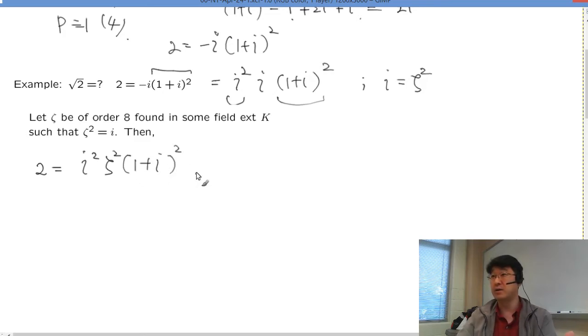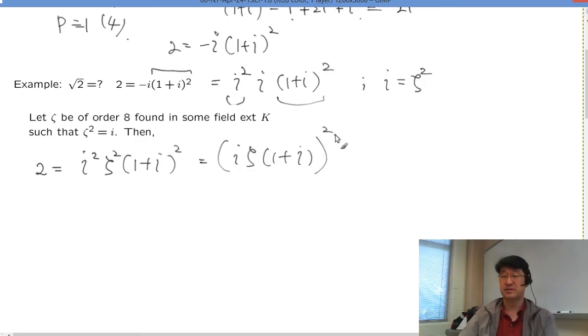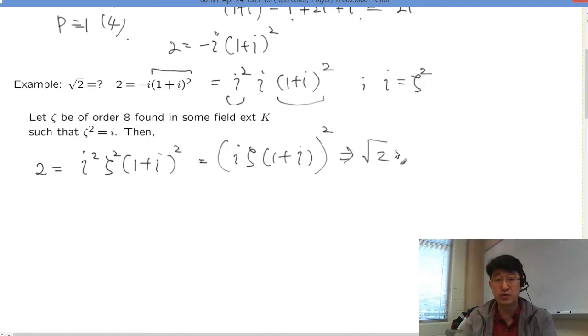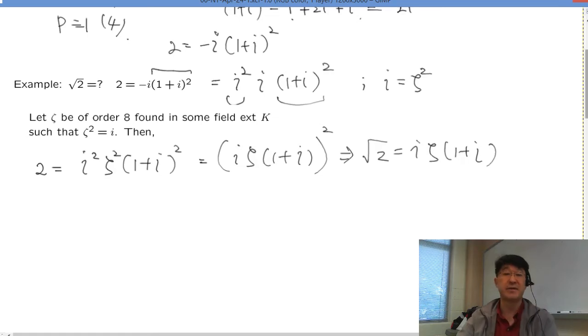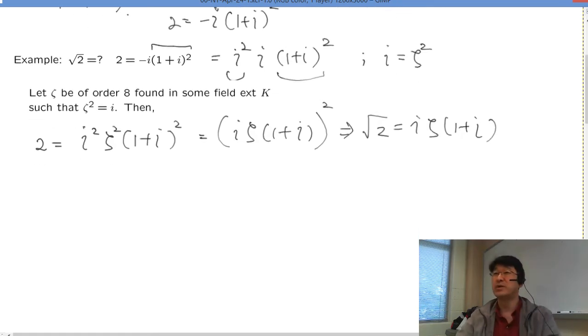Everything is squared, so you can put it inside. Because of that, I can write the square root of 2 as i times zeta times 1 plus i. Whether it's going to be plus or minus is not very important. Whatever you choose, the remaining will follow depending on that choice.